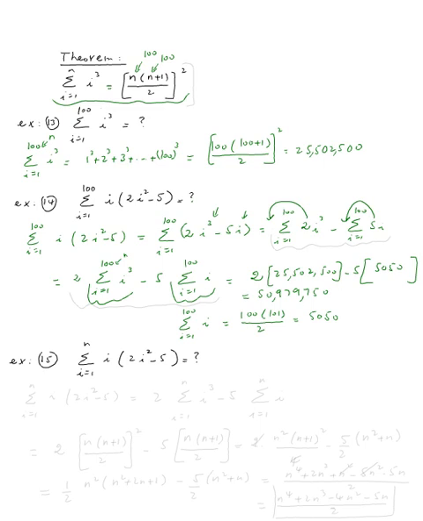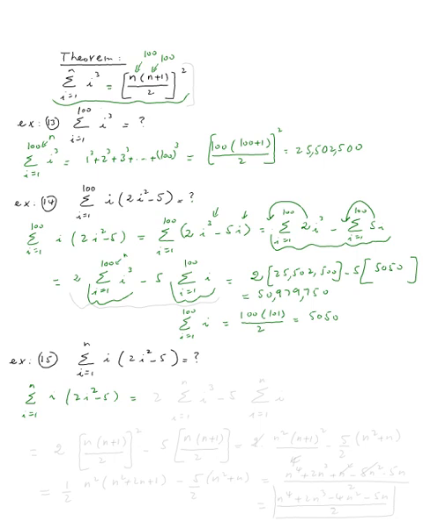So now this is going to be from i equal 1 to n. So now you need to pay even more attention. So sigma from i equal 1 to n of 2i squared minus 5. So same thing we did. We distribute and do all that. So we're going to get all the way to here, except that it's from i equal 1 to n.